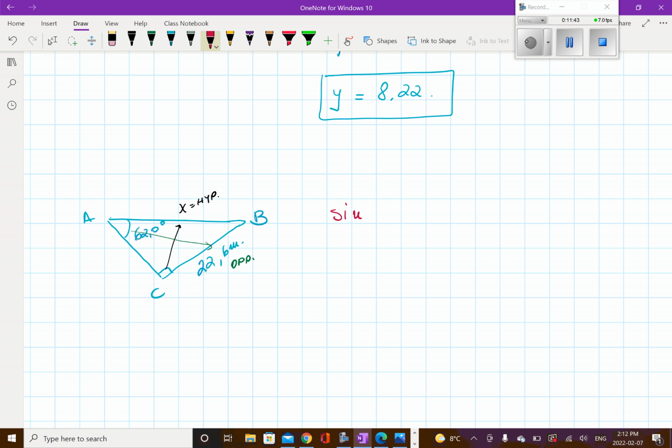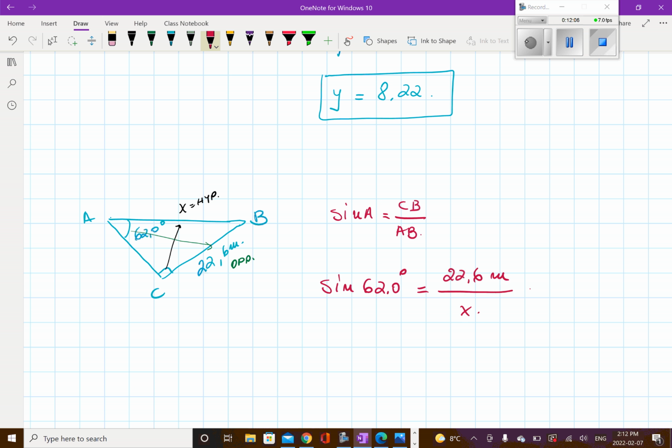So sine of angle A is CB over AB, or sine of 62 degrees is equal to 22.6 meters over x, that is the hypotenuse.